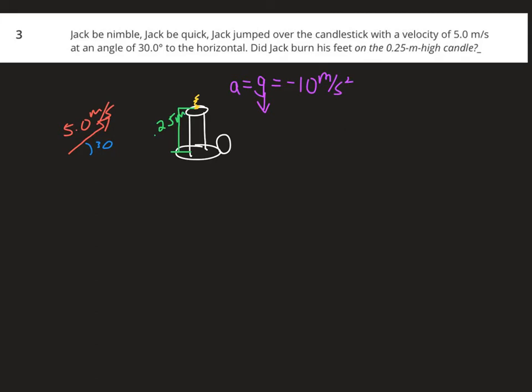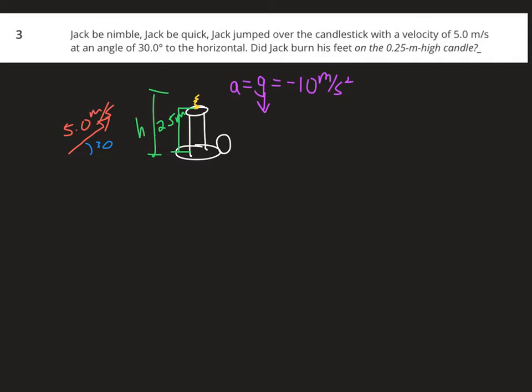So if we use that, we should also then be able to find, another way to think about it would be, at that velocity and angle, how high of a jump did he actually get? And if it was shorter than 0.25, then yes, he would burn his feet. If it's greater than 0.25, then no, he would not burn his feet. And so that's where it's really more down to a yes or no question.